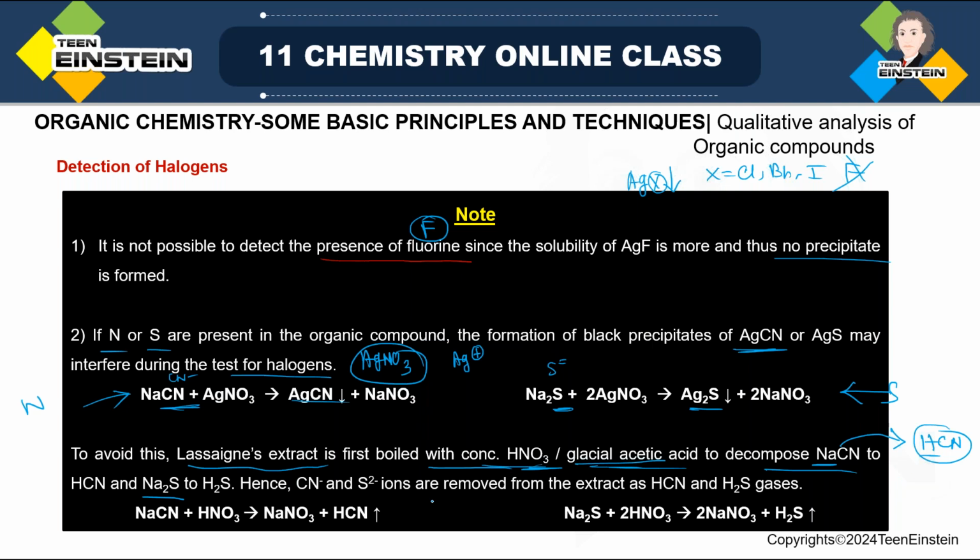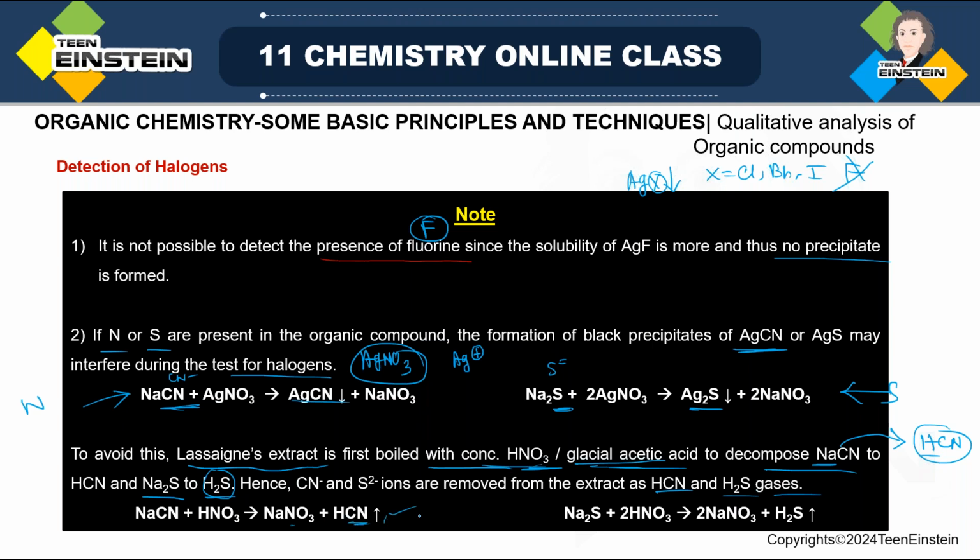Now Na2S is converted to H2S. These two you can easily remove, because they are in gaseous form, and removal of gases is easy. So cyanide and sulfide ions are removed from the extract in the form of HCN gas and H2S gas. NaCN reacting with HNO3 is converted to sodium nitrate and HCN gas.